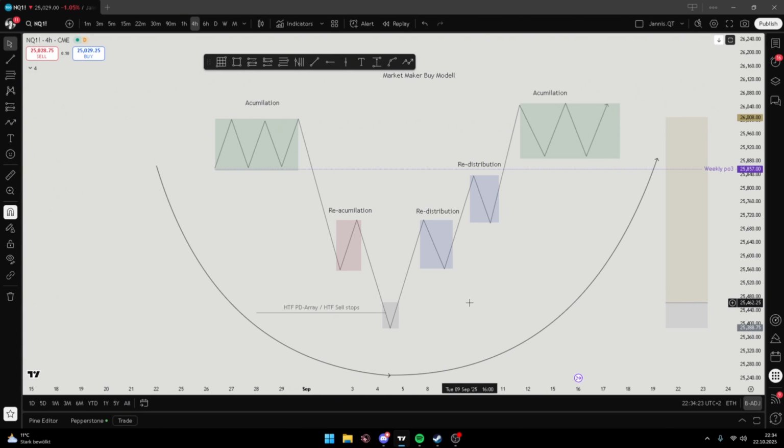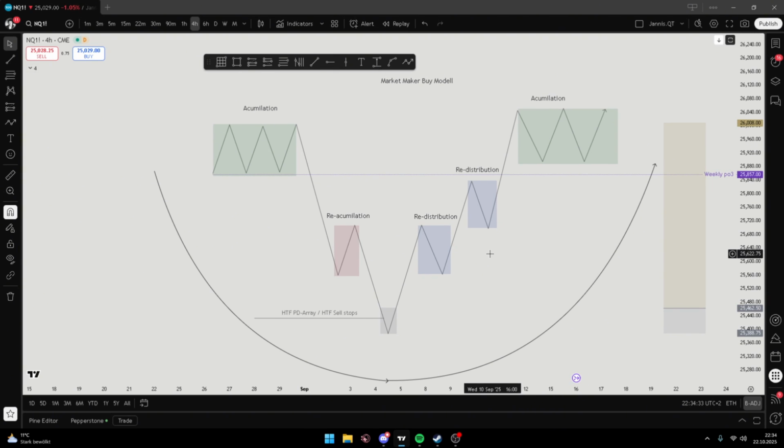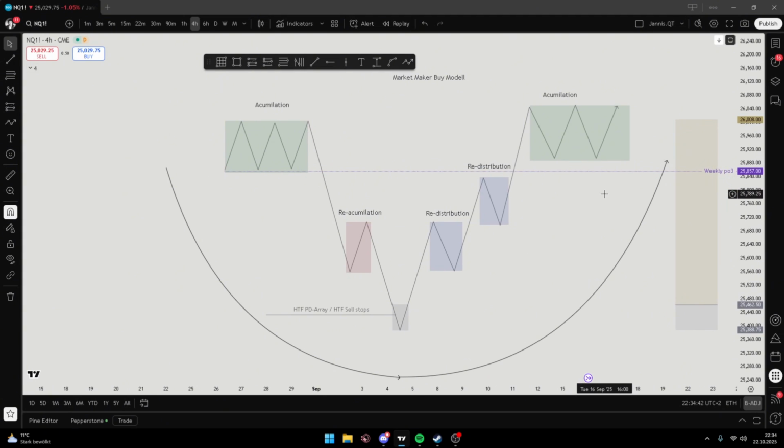I'm going to show you an example in a few minutes where there are three redistributions. So it doesn't have to be exactly two redistributions. As I said, it's generally on high time frame.